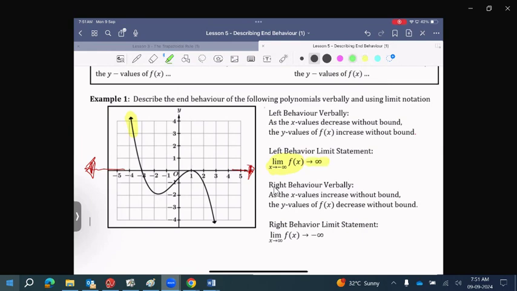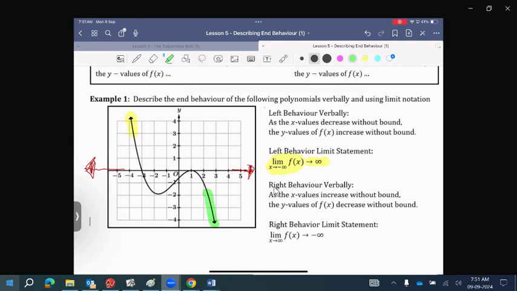So what happens as the x values increase without bound towards positive infinity? What do the y values do?